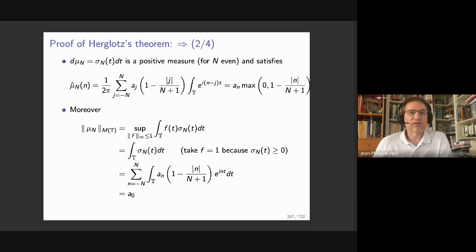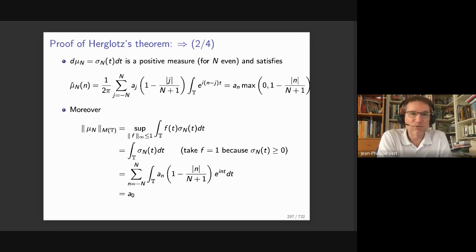And so we can compute the norm of mu n as a functional. The norm of mu n is the supremum over continuous functions f with max norm bounded by 1 of mu n of f, which is the integral of f of t times d mu n of t, so sigma n of t dt.